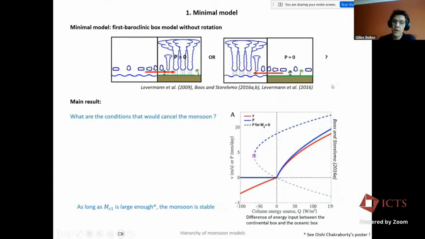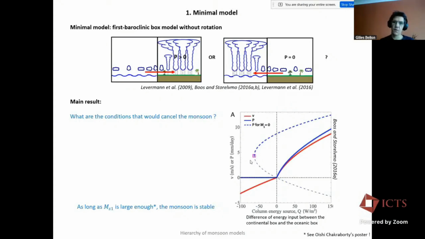Essentially, the equilibrium that you can see here in solid blue does exist for energy export from the column, just because then you can have horizontal transport and other processes that can maintain the monsoon over land, even if you have export of energy from the atmospheric column.